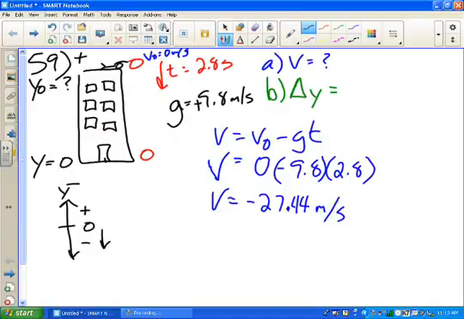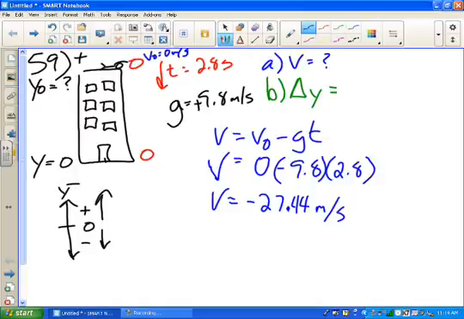Another way to think of this is like a thermometer. If I go below 0, I'm going down in the negative direction. So going down means negative. If I go up, then that's the positive direction. Our velocity was 27 meters per second. However, it was going in the negative direction. So the equations are written in such a way that if you get a negative answer, you know which direction you're heading.